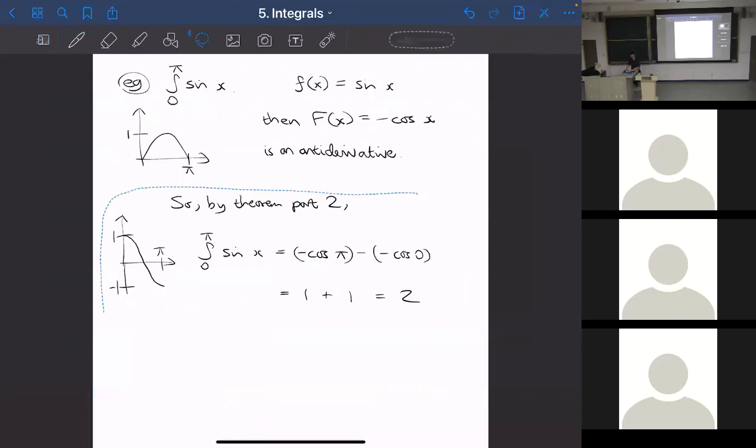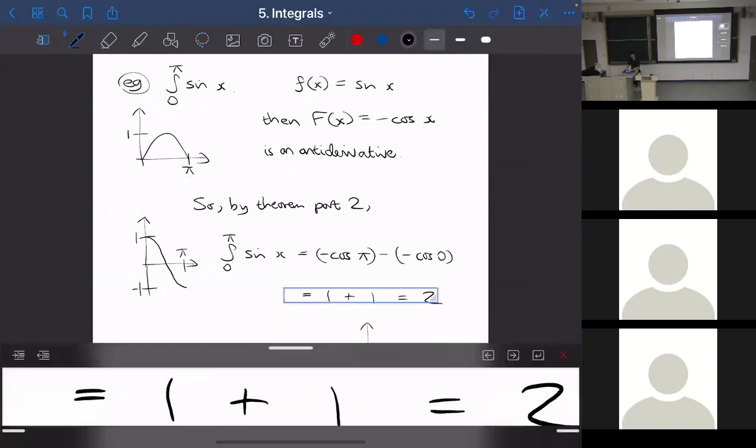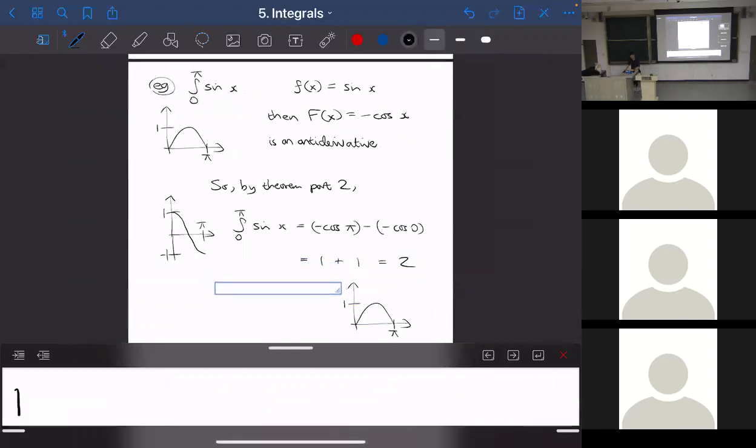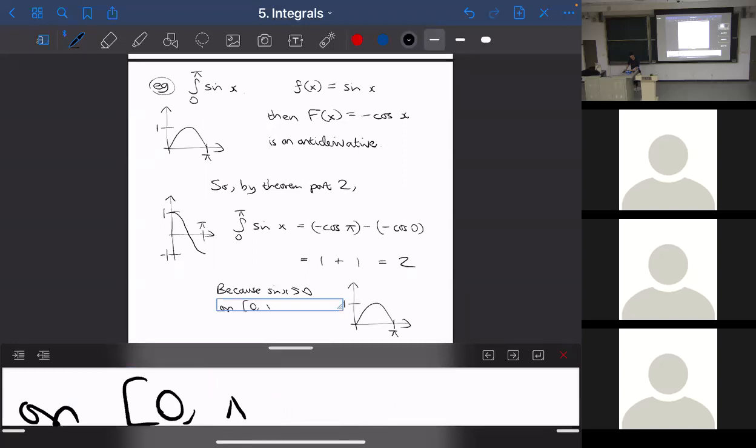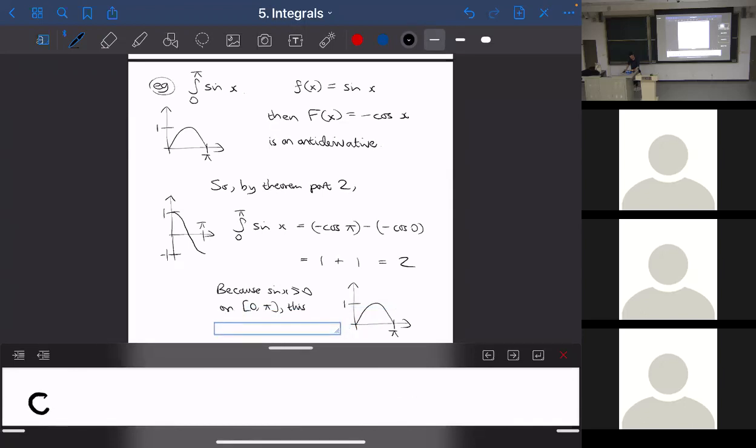And so reusing this graph at the top, because sine x is non-negative on this interval 0 to pi, this gives the area under the graph.